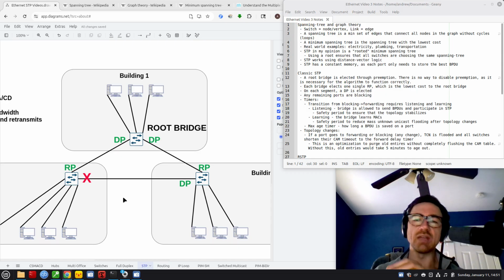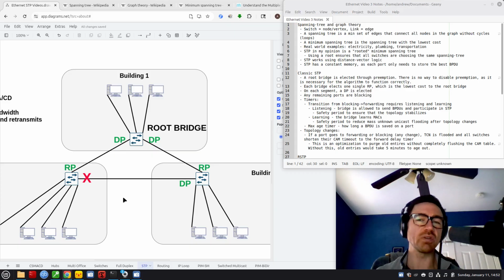So if there was no topology change notification mechanism, then you'd have up to 5 minutes of outage for some hosts on the layer 2 network, which is completely unacceptable. So what happens is that if a topology change happens, which in spanning tree is any port going down or up, a topology change notification is flooded.